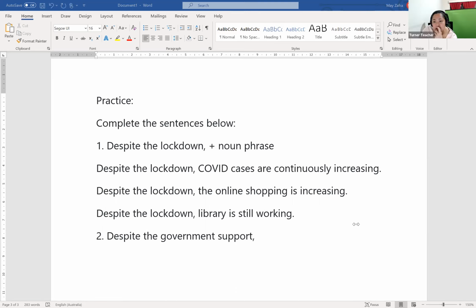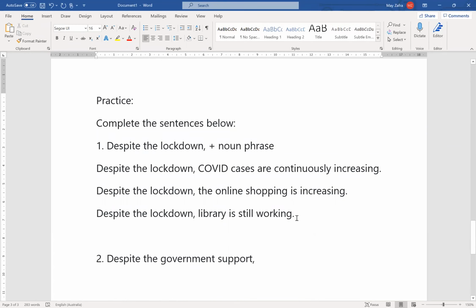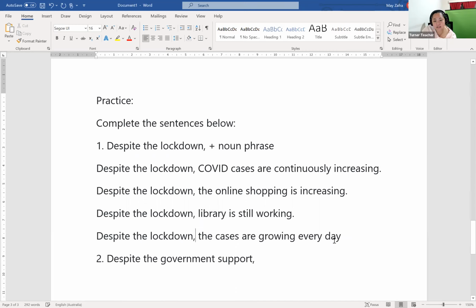Was affected. Well, that is not opposing. That is cause and effect. Give me an opposing idea, please. Despite the lockdown, the cases are growing every day. Yes, correct.